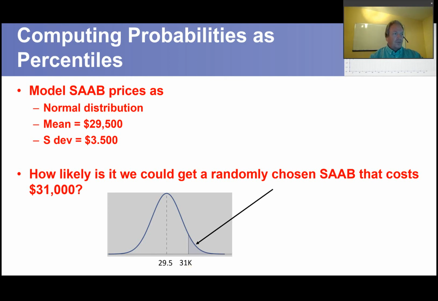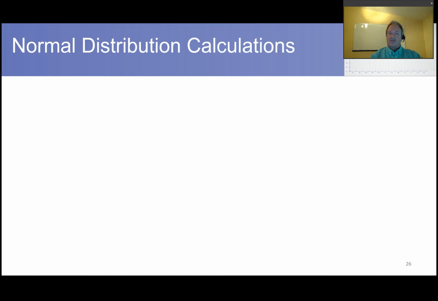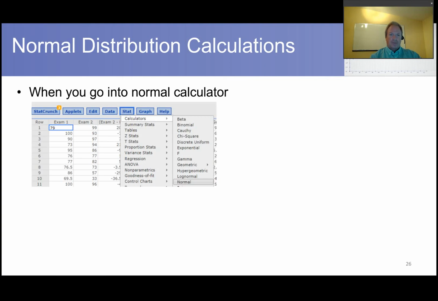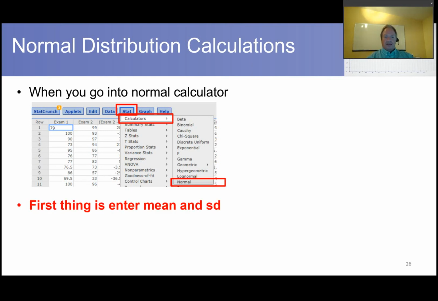Okay, so let's see how this works in StatCrunch. We're going to now use a feature we haven't come across yet. We're going to go into the normal calculator. We're going to go to Stat, but instead of Summary Stats, we're going to click on the tab above it, Calculator, and we're going to choose Normal. And this is going to let us do calculations with a normal distribution really easily.